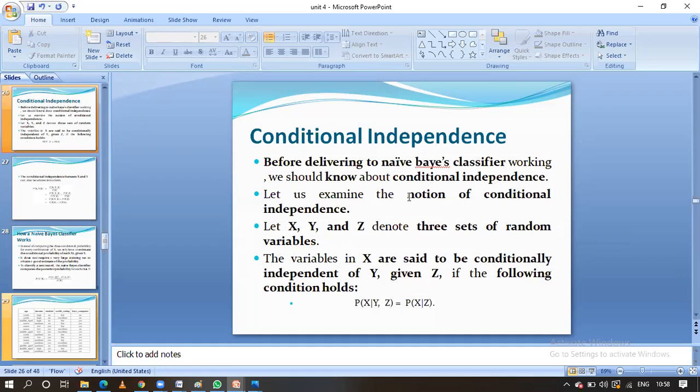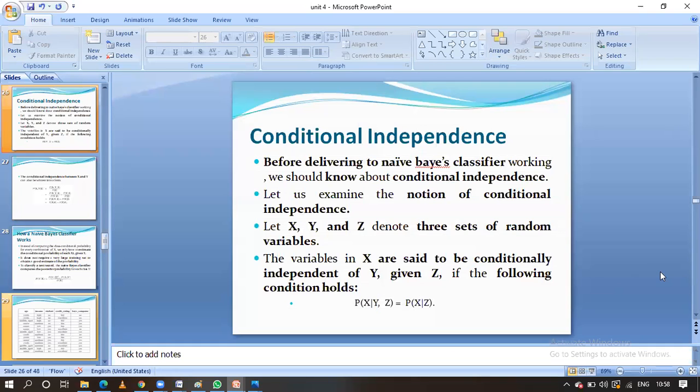What does conditional independence mean? Here x, y, z are three sets of random variables. X is said to be conditionally independent of y given z. This is the notation for that, and then this condition holds: probability of x given y and z is equivalent to probability of x given z. That is equal to the posterior probability, guys.